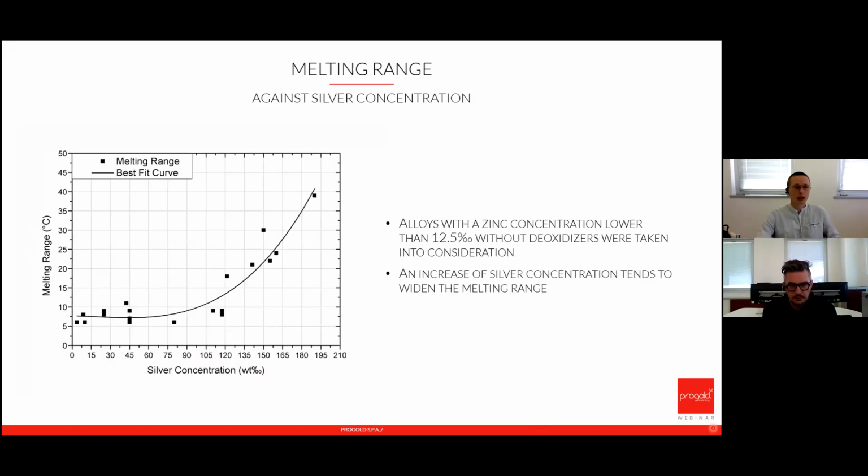As we know, a big melting range could lead to some problems such as shrinkage porosity during solidification, but it has to be studied for each single composition, because it's not directly linked to the shrinkage of the alloy during solidification.